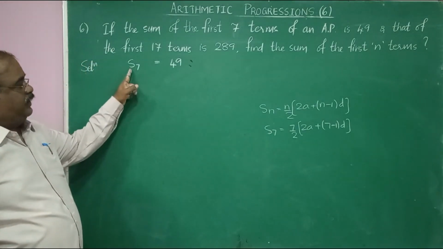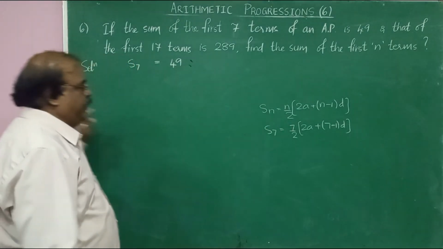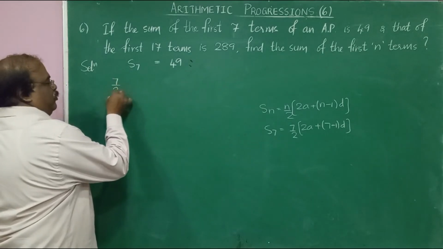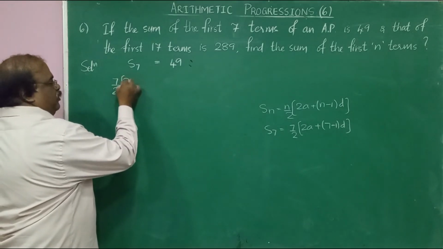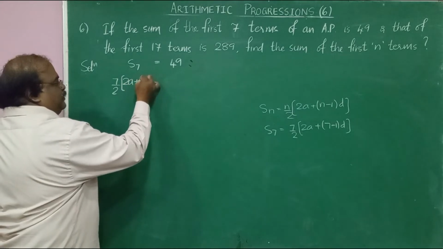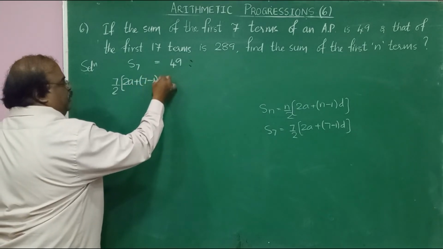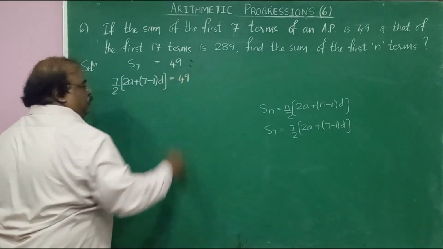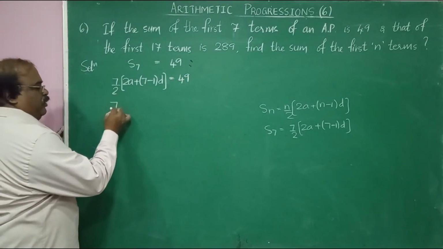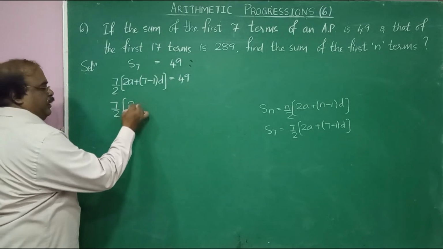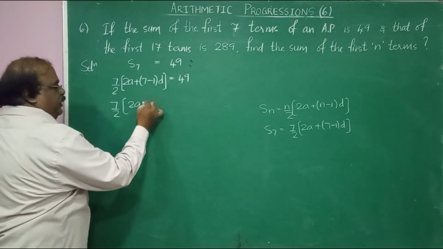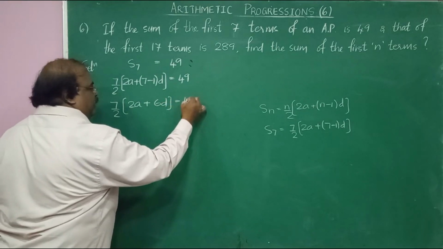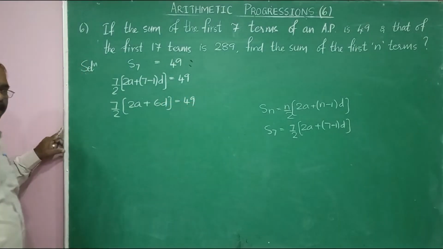Let me write. S7 is 7 upon 2 into bracket 2a plus 7 minus 1 into d. So I get 7 upon 2 into bracket 2a plus 6d, what is 7 minus 1? 6d, is equal to 49.